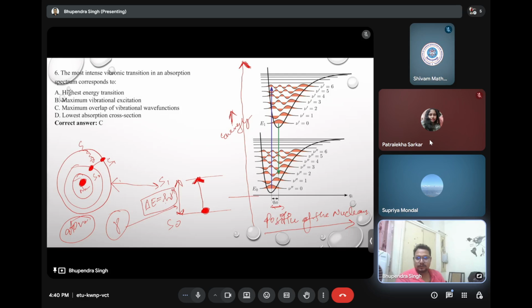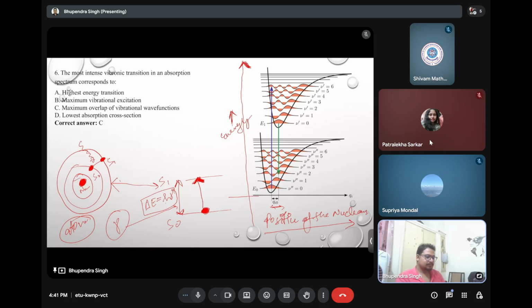Have you read Kasha's rule? Okay. So tell me, in this graph, which of these two lines represents the absorption and which represents the emission?